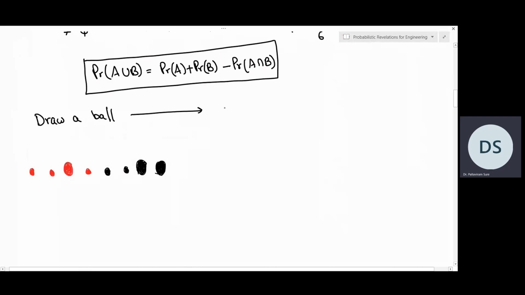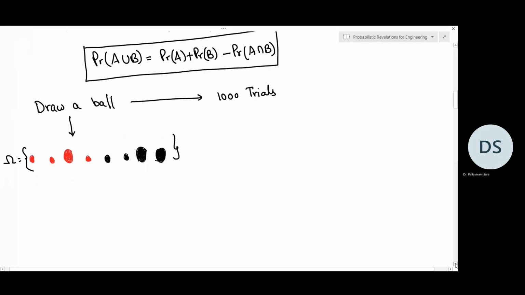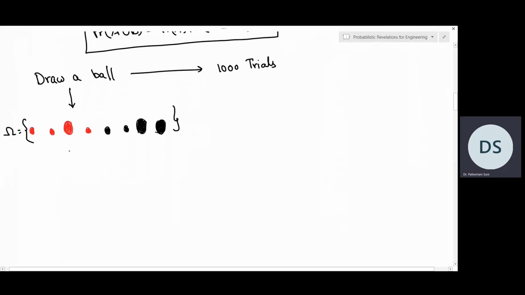And we repeated it for almost say 1000 trials. So all possible outcomes, when we write them as a sample space, our sample space should comprise of these 8 balls. Now, if we write the event space for this, we can have all elementary events, one at a time, and many more events.